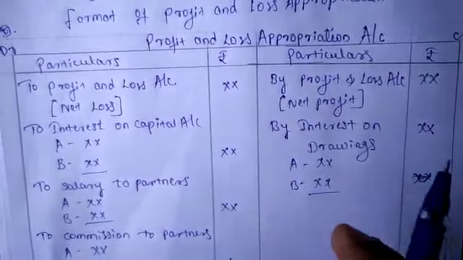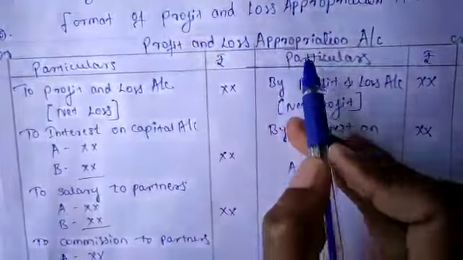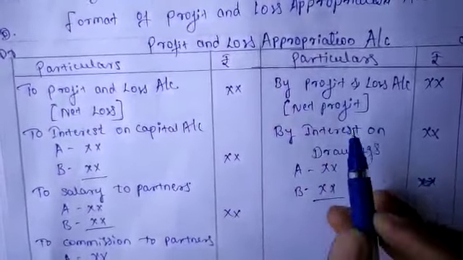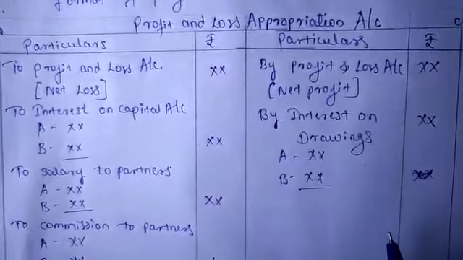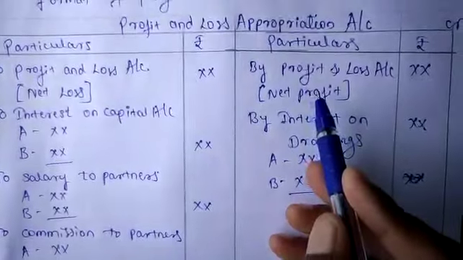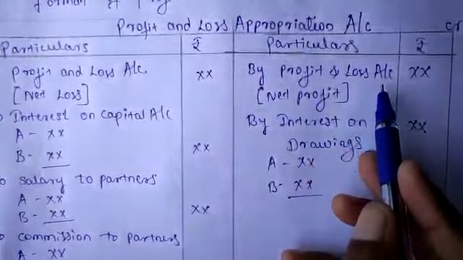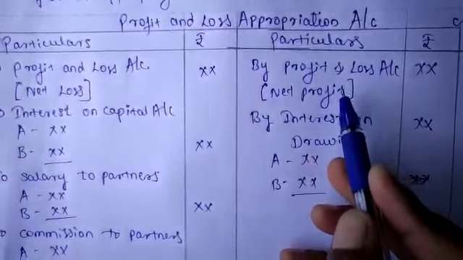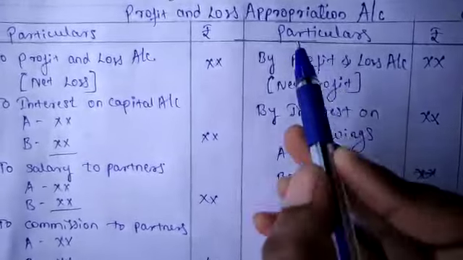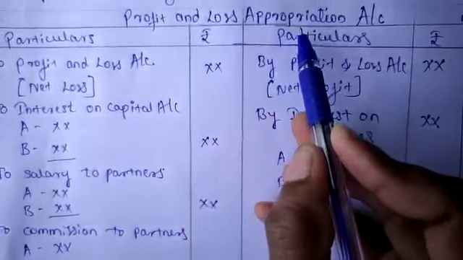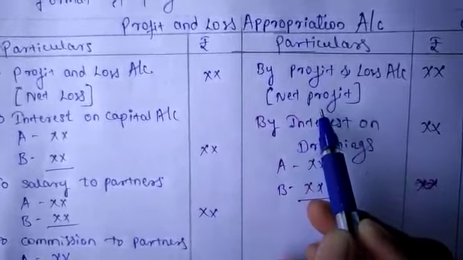So how do we start the P&L appropriation account? First, on the credit side, the profit and loss account. The net profit from the P&L account is transferred directly to the profit and loss appropriation account, not to the balance sheet.